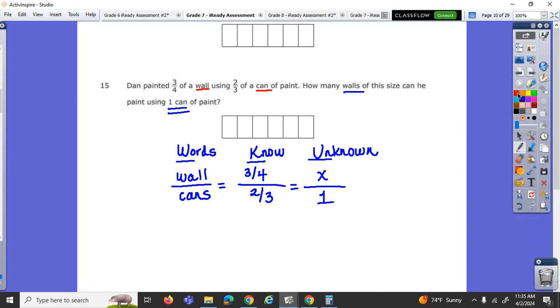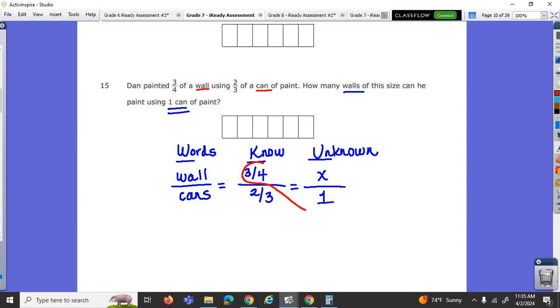Okay, all right, now we're going to do our cross multiplication here. And of course, no calculator yet, so we're going to have to do a little bit of fraction skills, but this one's not too bad. So we have 2/3 times X equals 3/4 times 1.